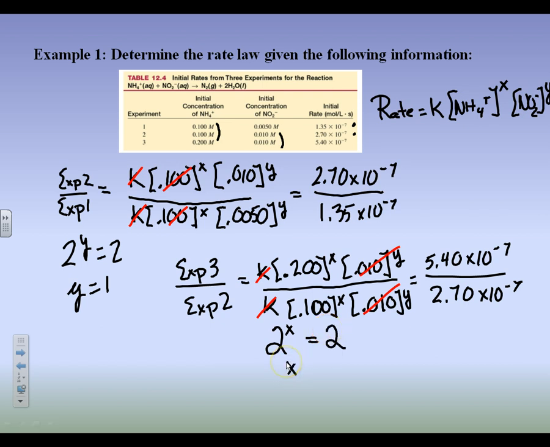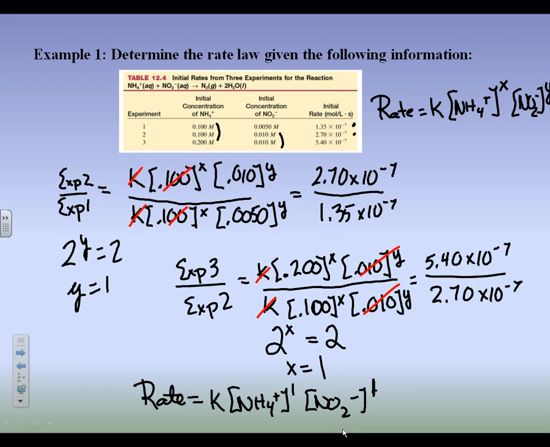So guess what x is equal to? 1. So now I am good and ready to write my rate law. The final answer would be my rate is equal to k times NH4 to the first power, NO2 to the first power. That's a 1.